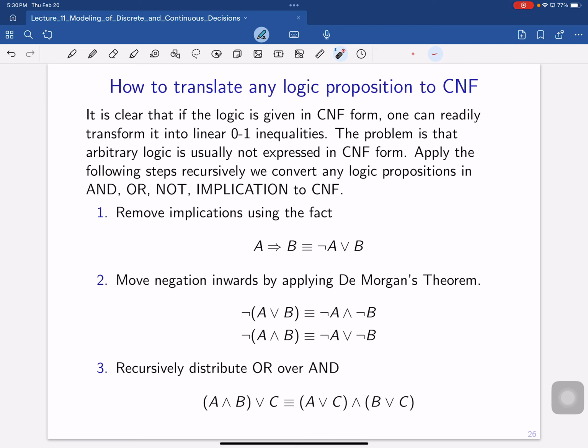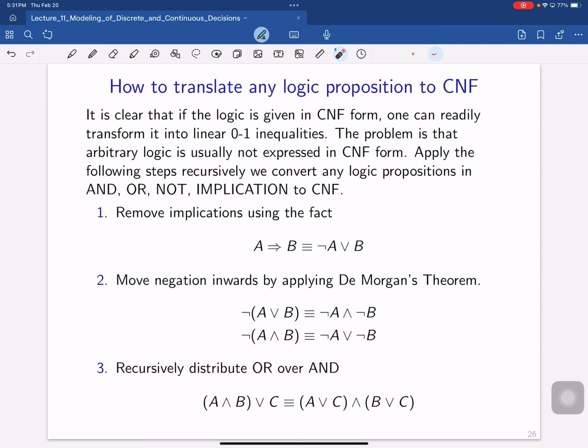If you have implications A implies B, you can use this relation to translate implication into negation and or, because in conjunctive normal form, there is no implication. First thing you want to do is getting rid of the implication.